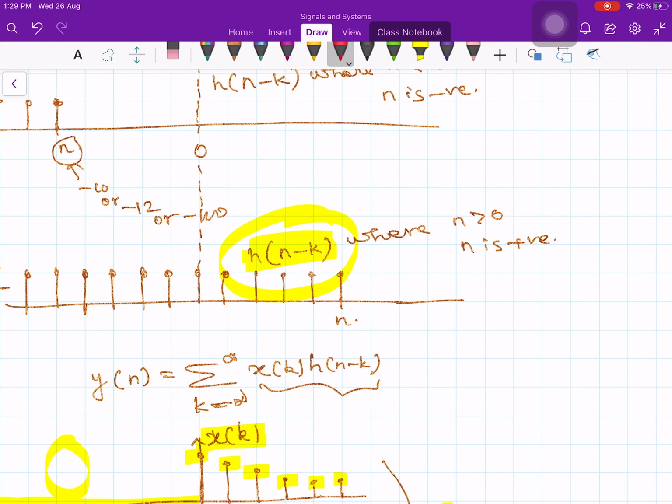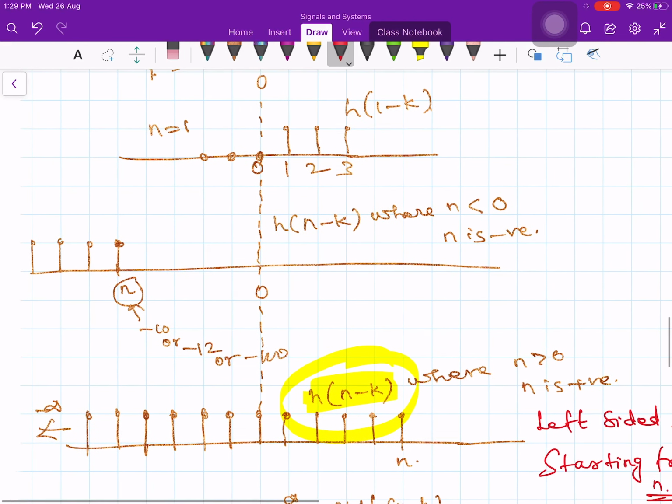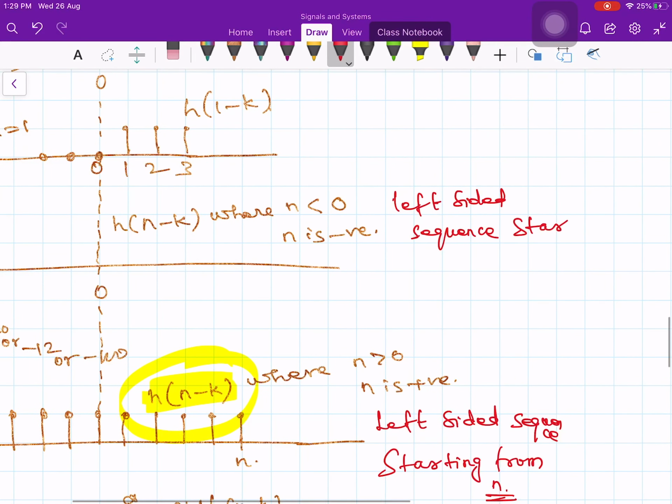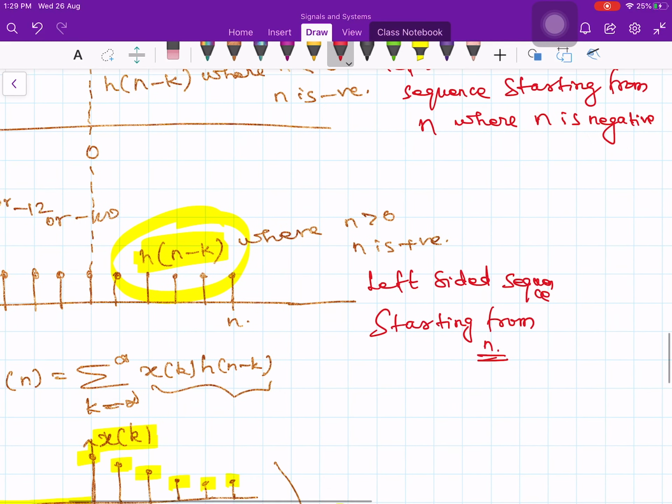Left-sided sequence starting from n. Okay, and this is also a left-sided sequence starting from n, where n is negative. And in this case, starting from n, where n is positive.